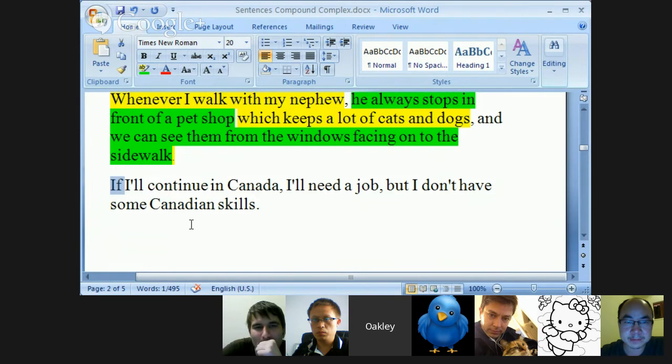But okay, point of order here, something extremely important. Mauricio, "if" is considered to be a subordinator. You are correct in using it to create a dependent clause.